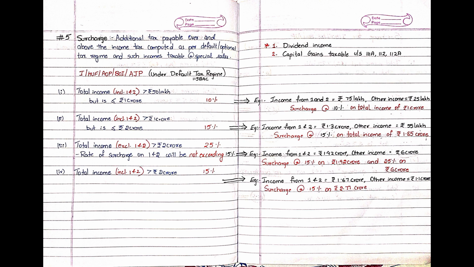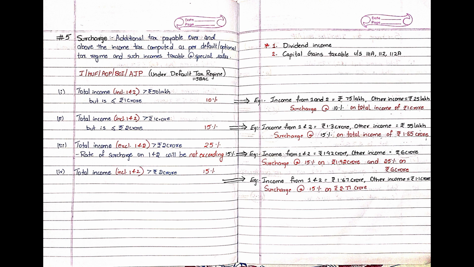So the additional tax payable over and above the income tax computed is called surcharge. And the surcharge is not applicable for all the assessees. The surcharge is applicable only if the total income of the assessee exceeds certain threshold limit. So what are those limits?